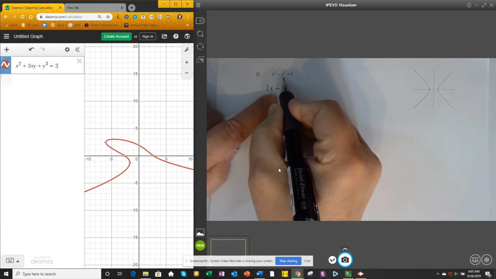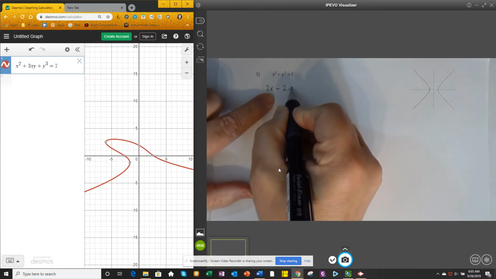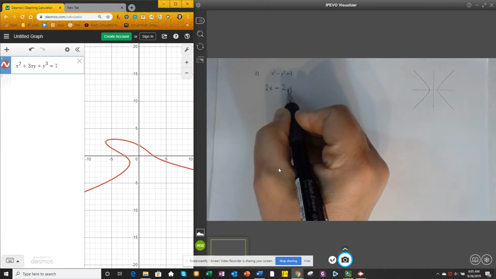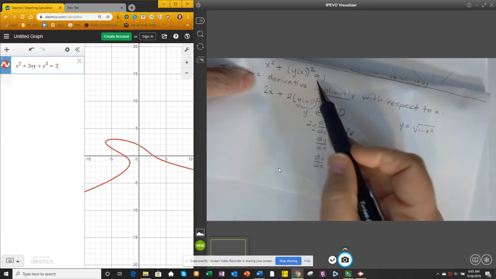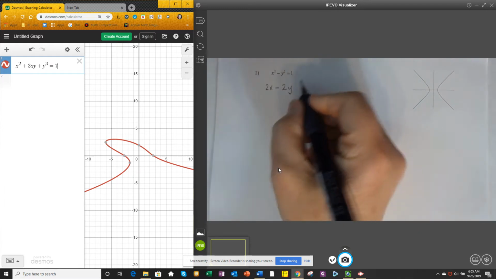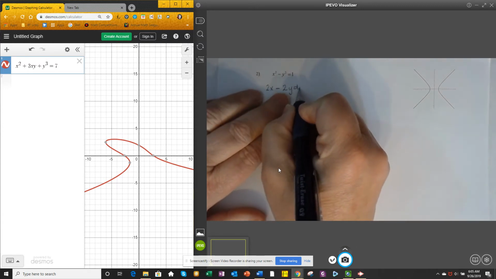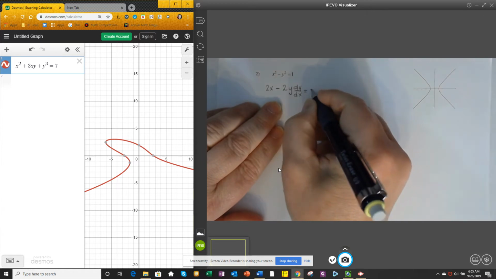Now we're remembering that this is an implied function of y, so I have to use the chain rule anytime I take the derivative of y. So it's going to be power down, function, times the derivative of the inside. Remember, the derivative of the inside is going to be y. So the derivative of y is what? dy dx equals, and then the derivative of 1 is 0.